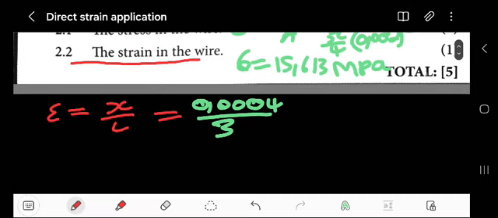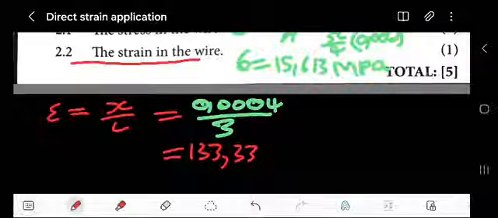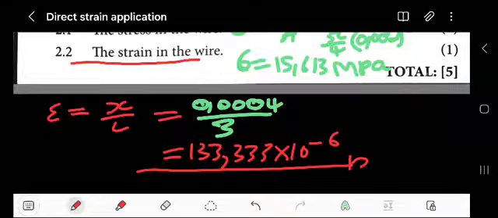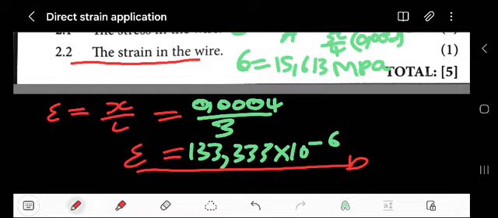Punch that, and it simply equals 133.333 times 10 to the minus 6. It has no SI units, it's just a ratio. So this is how you go about it, guys.